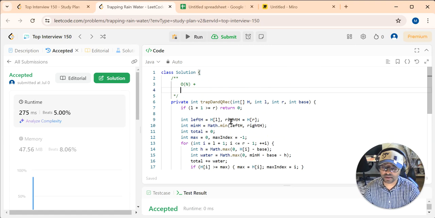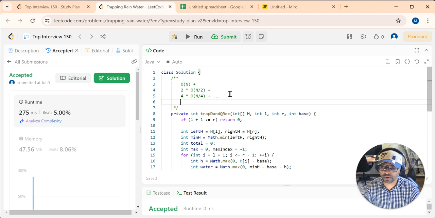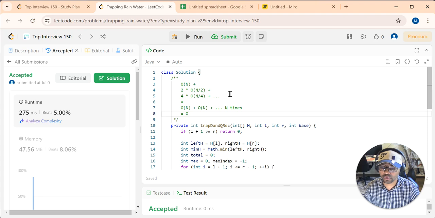And each of them is doing a loop of n by 2, but then each of them is also dividing further into n by 4 and so on, right? So if you continue this, then this becomes O of n plus O of n and so on, n times. And that becomes O of n squared, right? Okay, so that's our time complexity, and that's why it makes sense that there is a linear approach.